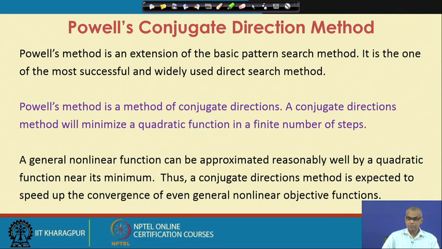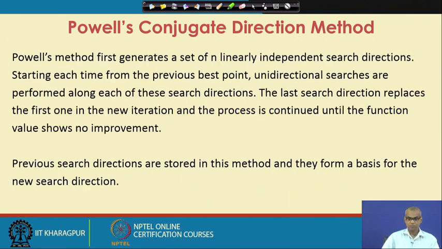It follows from the property we just talked about that a conjugate directions method can minimize a quadratic function in a finite number of steps, and any general nonlinear function can be approximated well by a quadratic function near its minimum. So we naturally expect that the conjugate directions method will speed up the convergence even for general nonlinear objective functions.